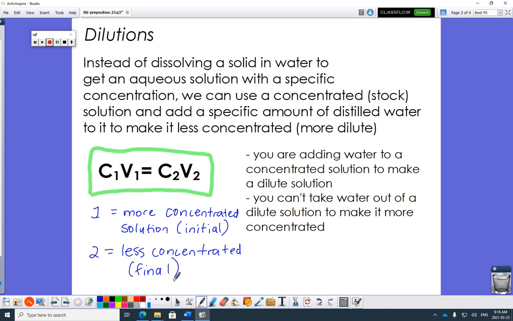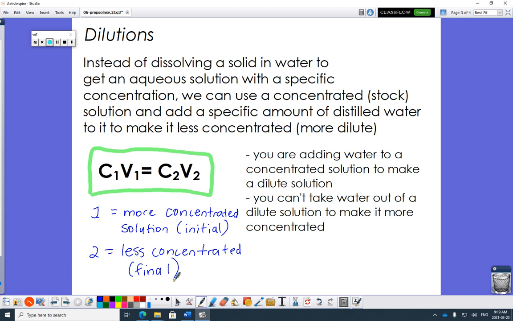Often next year in university, you'll get a really concentrated initial or stock solution, and then you have to make your own little solutions in order to do your lab, okay? You could be doing a lab that's trying to make copper or doing something with acids and bases, but the first step is you need to make a series of dilutions. So you'll have to do this even though it's not really testing you on the dilution part of it. You just need to make your own solutions.